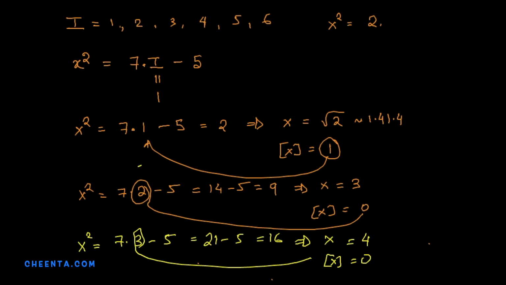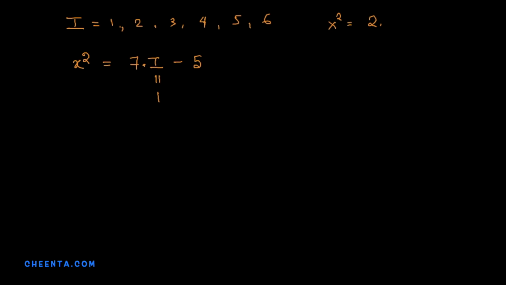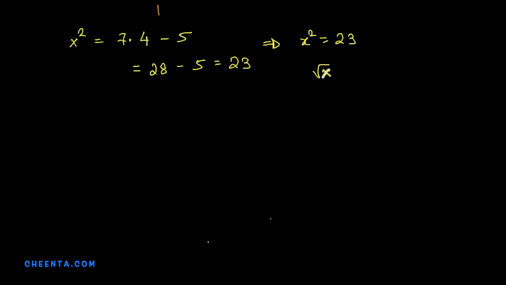Let's try our luck with 4. So x squared is equal to 7 times 4 minus 5, which is 28 minus 5, which is 23. That's good because if x squared is 23, x is between 4 and 5, right?